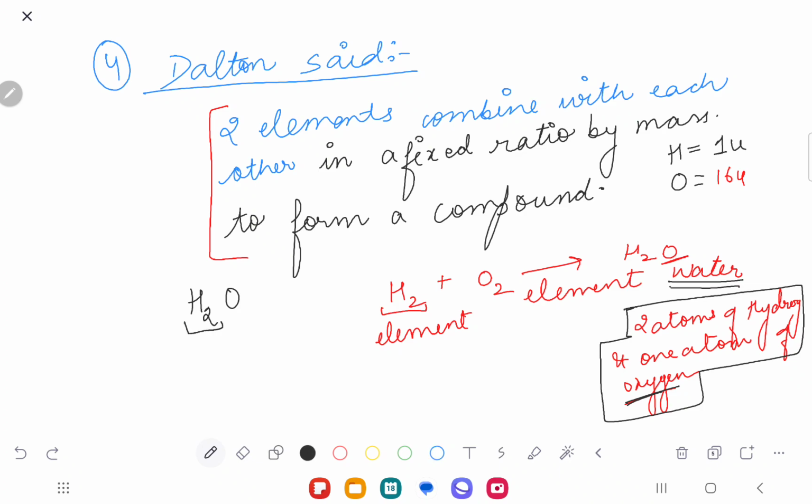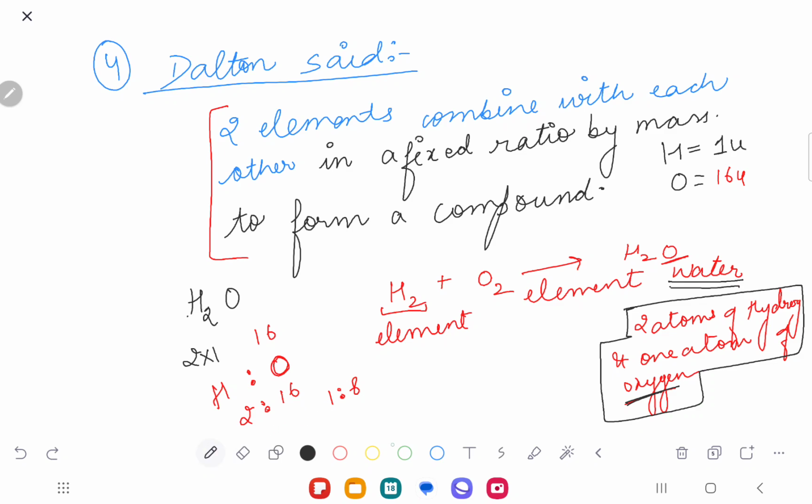The mass of one hydrogen atom is 1, so the mass of two hydrogen atoms should be 2. And the mass of one oxygen atom is going to be 16. So hydrogen is to oxygen, the ratio shall be 2 is to 16, which is going to be 1 is to 8. Am I right? So the ratio is going to be 1 is to 8.